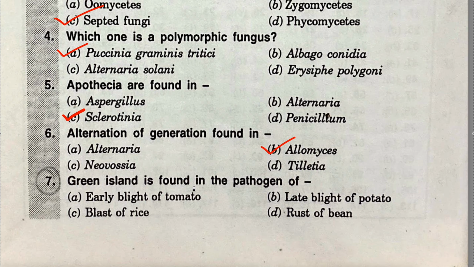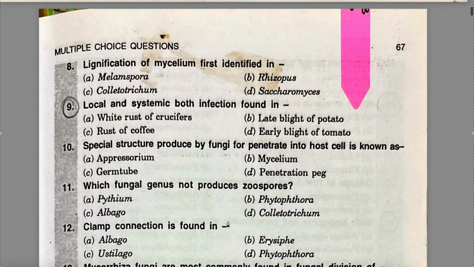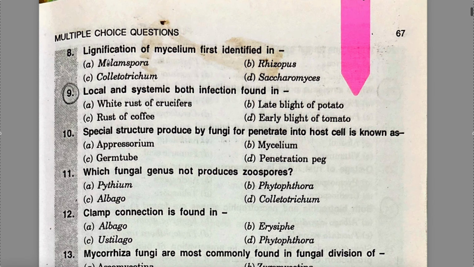Green island is found in the pathogen of early blight of tomato, late blight of potato, blast of rice or rust of bean. Option D. Yes, rust of bean. Question 8.